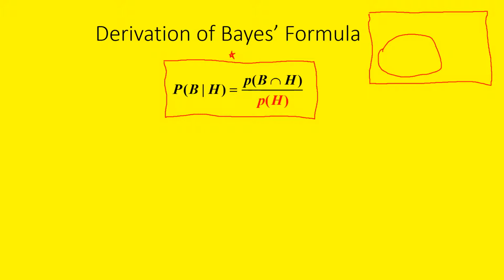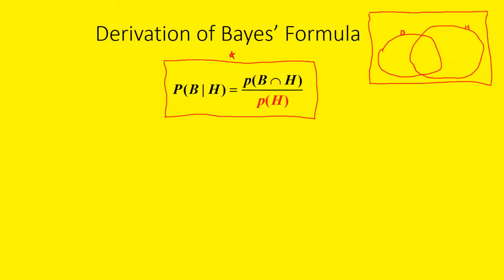But H is the same as A, works the same way. They're just letters, they're just symbols. So here's event B represented by a region in this Venn diagram, and here is event H.